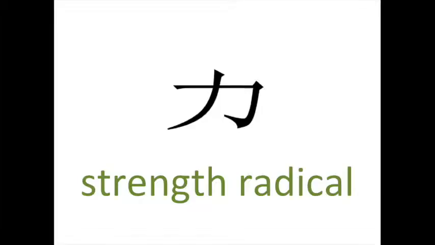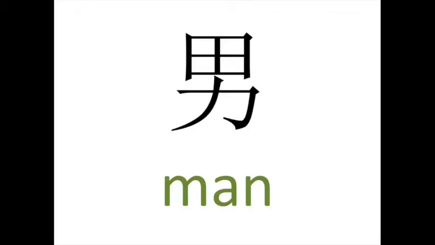It's this four-quadrant paper. It's a field, right? So men used to work in the field, and to do that, they needed this other radical, which means strength, right? This pointed, daggery thing, it's strength. So men worked in the field with strength. That's how they got the character for man, right?